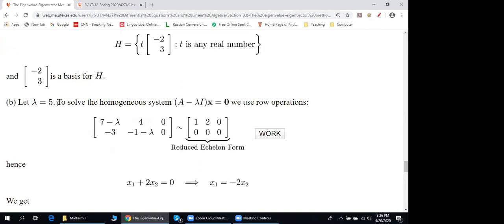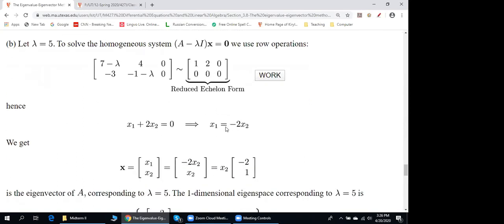Similarly, for lambda is equal to 5, augmented matrix, elementary row operations to obtain a reduced echelon form, we switch to the corresponding equation. We move 2x2 to the right because x2 is a free variable, because it corresponds to a non-pivot column. x1 is a basic variable because it corresponds to a pivot column.